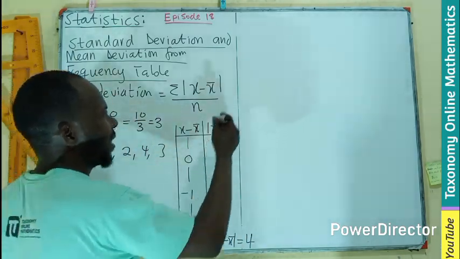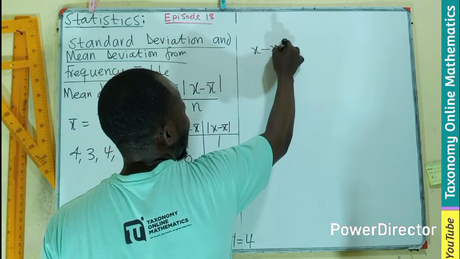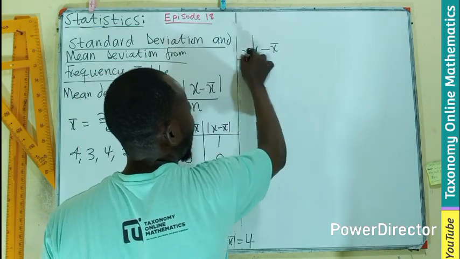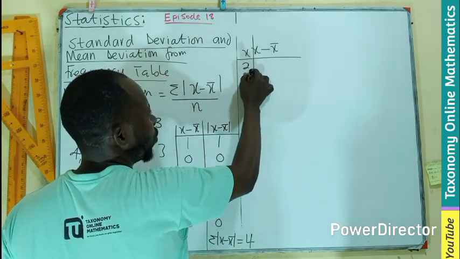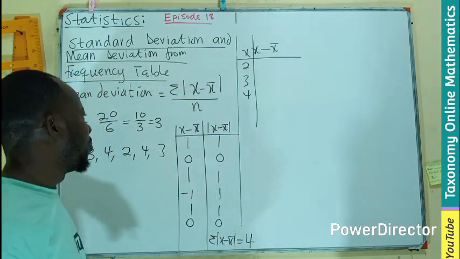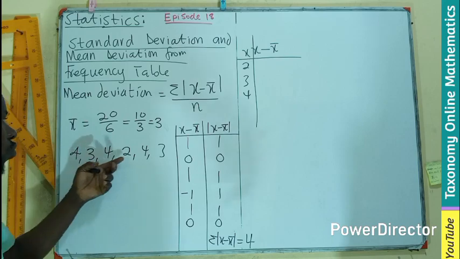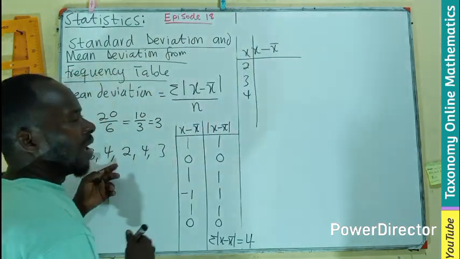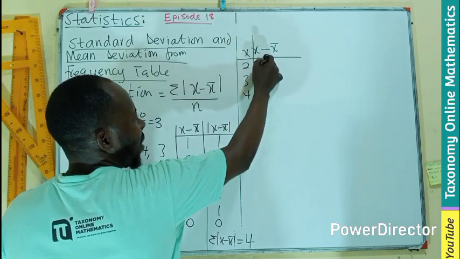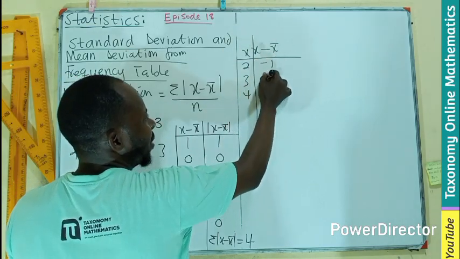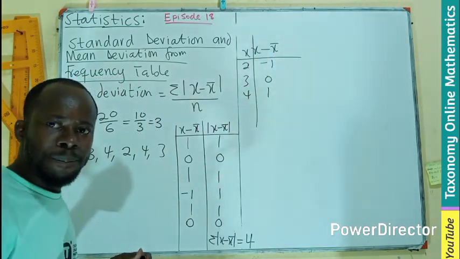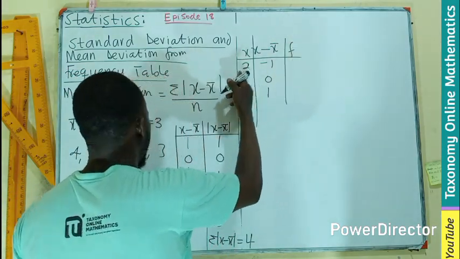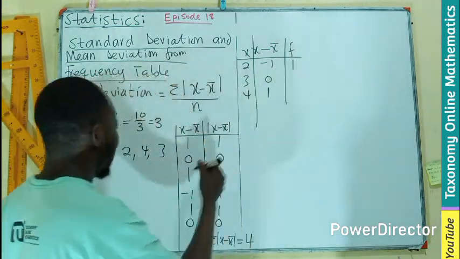Now we can check that. If I have the x here, we have 2, 3, 4. These are the numbers appearing from the data given to us. In finding their values, we can see the differences here will be -1, 0 and 1. But I can see by frequency that this is appearing only once.